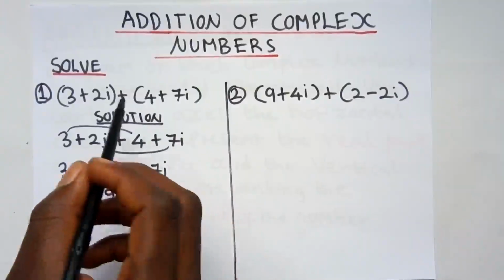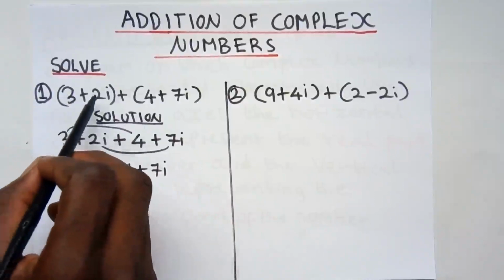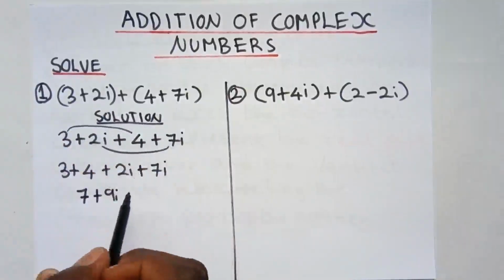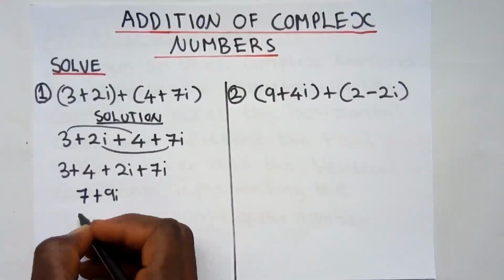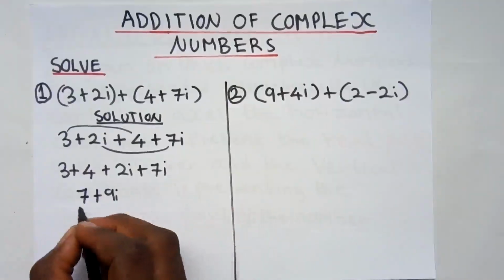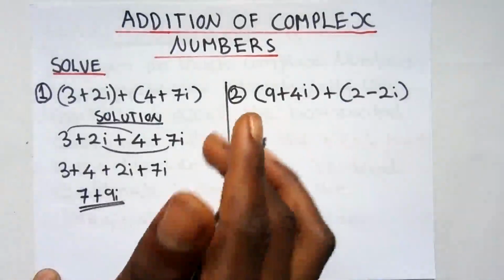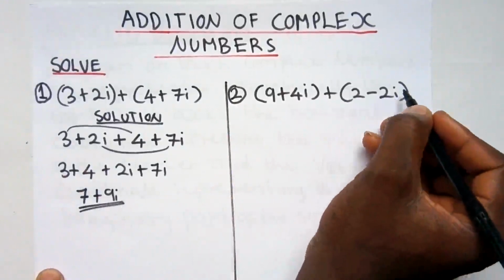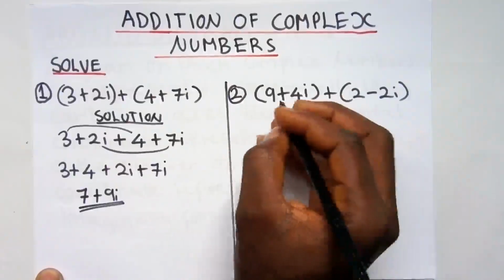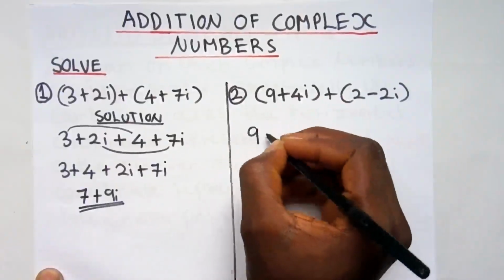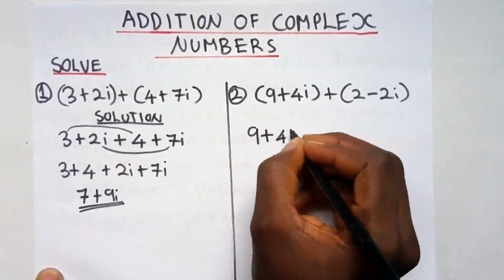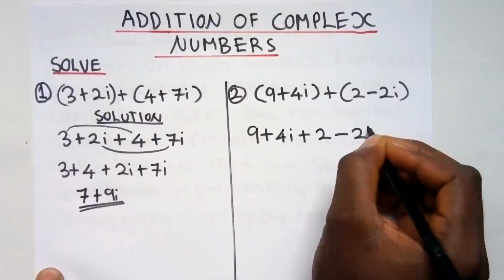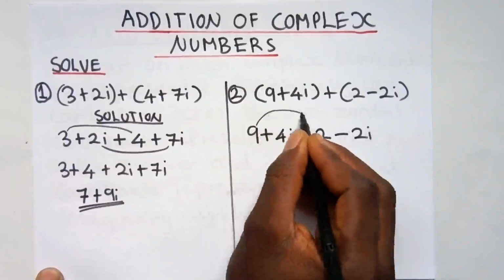So when you add these two complex numbers, 3 plus 2i and 4 plus 7i, you arrive at a new complex number with the real part 7 and the imaginary part 9. Number 2, (9 plus 4i) plus (2 minus 2i). Open the bracket. 9 plus 4i plus 2 minus 2i. Take like terms.